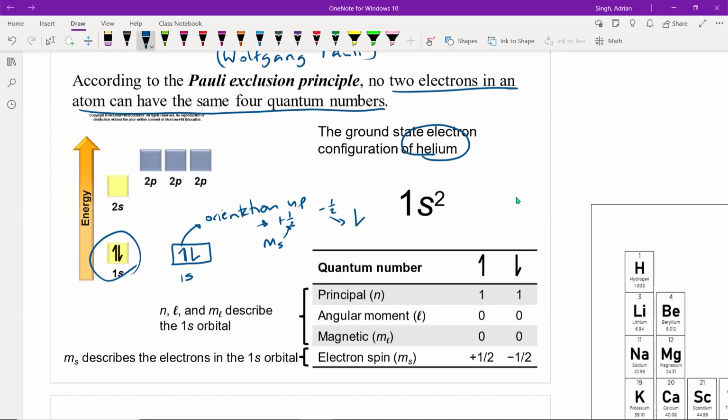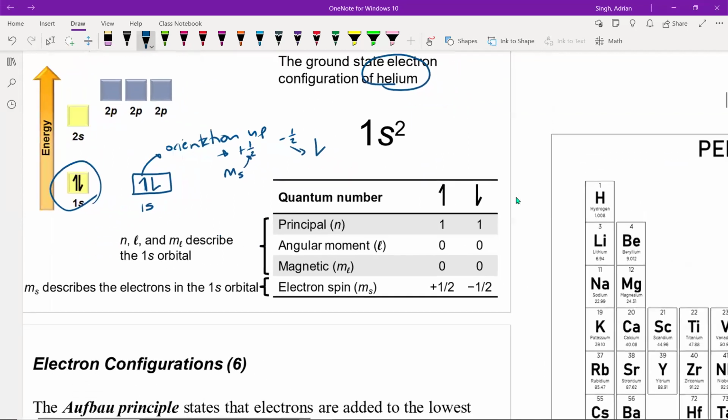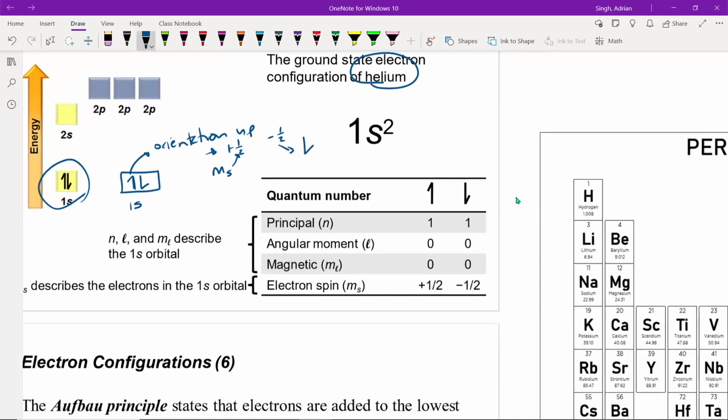And this is important because if we were to deduce the quantum numbers for the electrons in the 1s orbital, say our first electron in there, pointing up, it's in the n equals 1 principal energy level. We've seen that the L value for n equals 1 is going to be 0. We've also seen that the m sub L value has to be 0 as well.